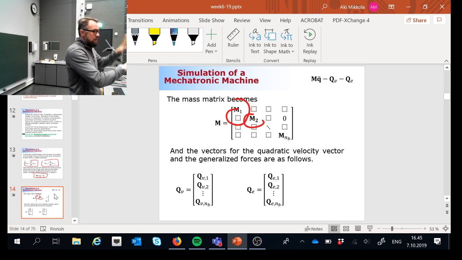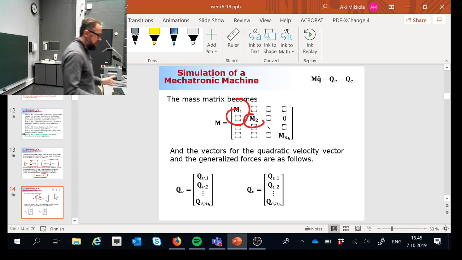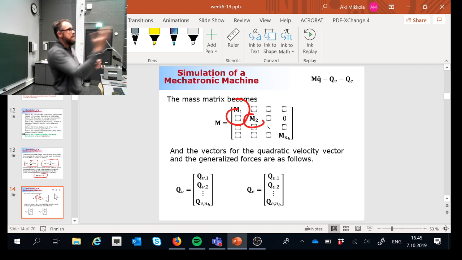Why is that? That's simply because of how I construct my vector of tensorized coordinates. How many tensorized coordinates does one planar body need? 3. How many do 2 planar bodies need? 6.